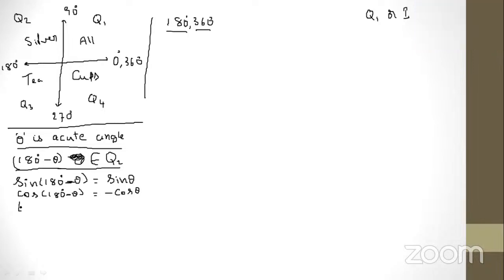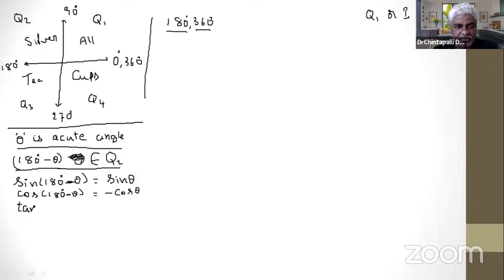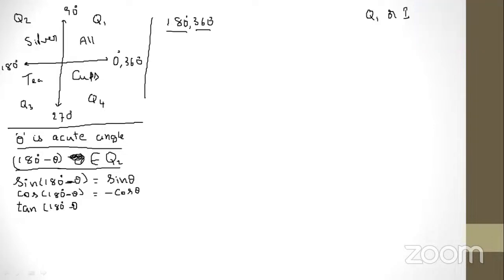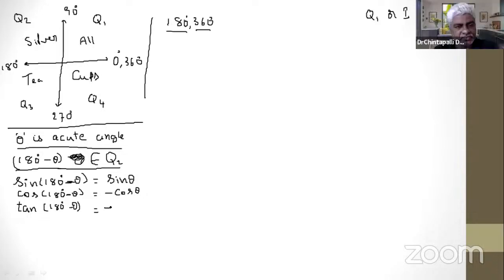Now, what is tan of 180 degrees minus theta? Negative tan theta. Very good. What about cosec? Cosec and sine both are equal.